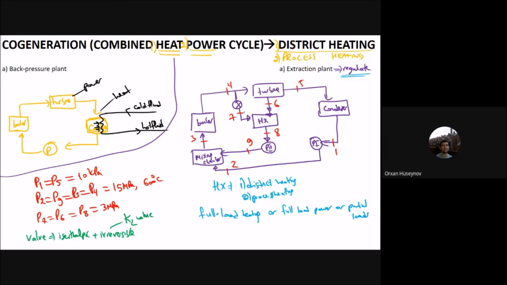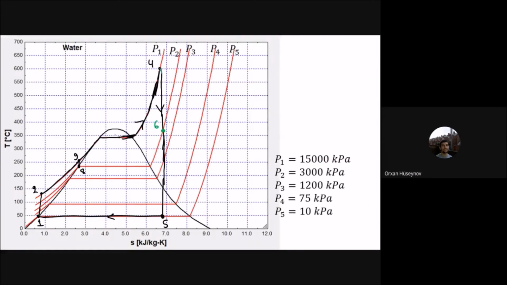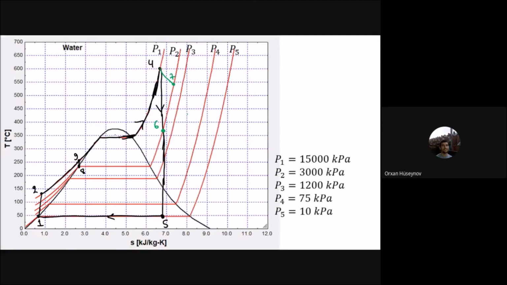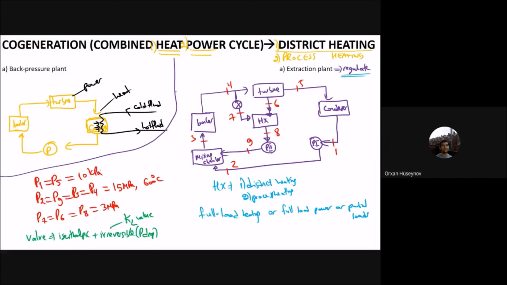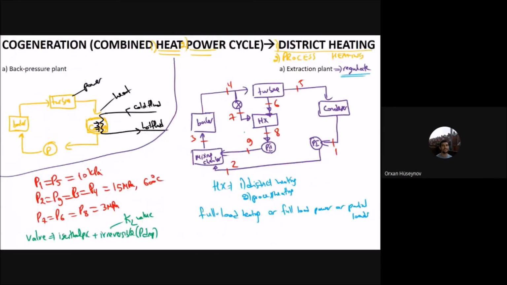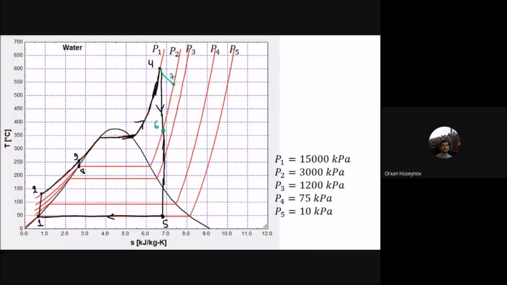When you go from 4 to 7, entropy increases and the pressure drops to 3 megapascal. So 4 is there, then you have the increase in entropy, and then you have this 7. Irreversible, with a pressure drop. This is 7, and this is 6 here, and then you have the 8 here. 7, 6, and 8 are mixed together, so that you will have this line.